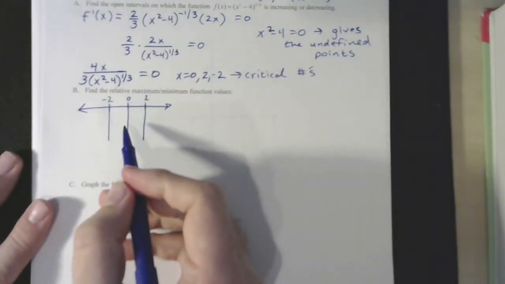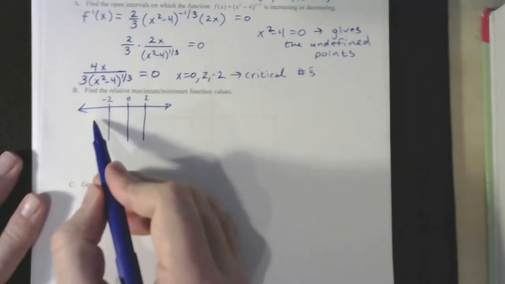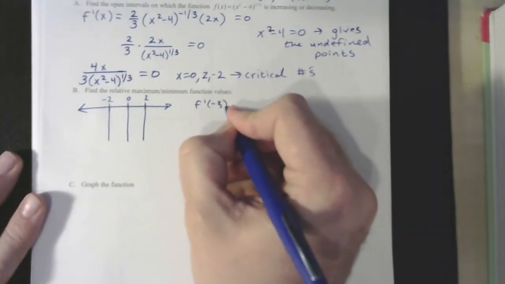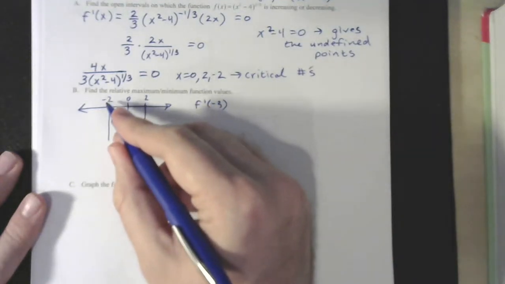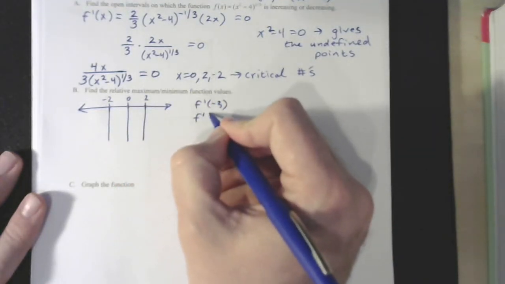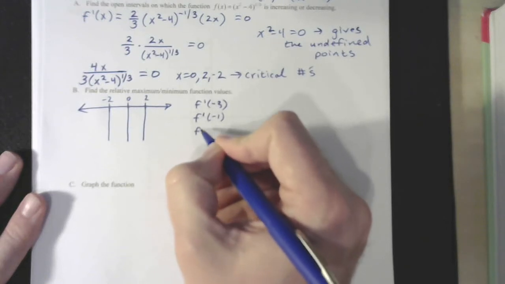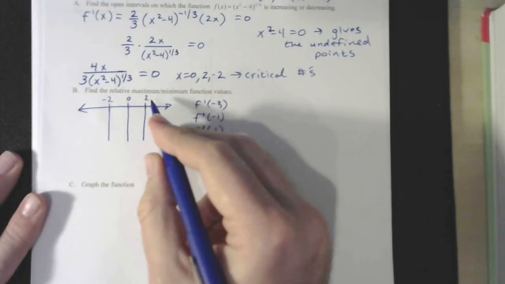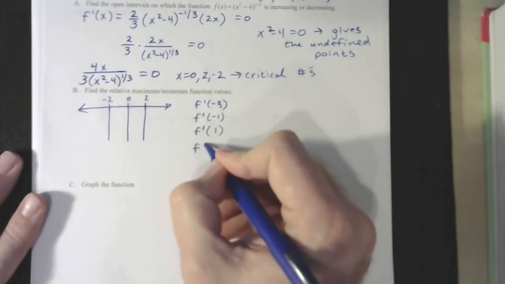We need to the left of negative 2, so we need to test f prime of, I'm going to do negative 3. We need in between negative 2 and 0. I'm going to choose f prime of negative 1. We need in between 0 and 2, f prime of 1. And to the right of 2, f prime of 3.